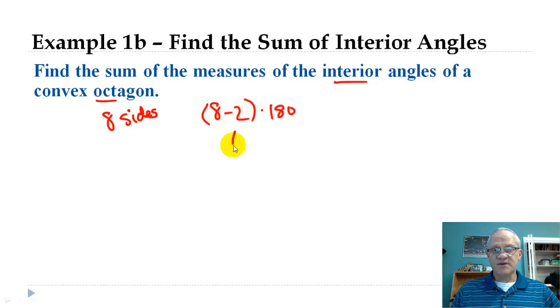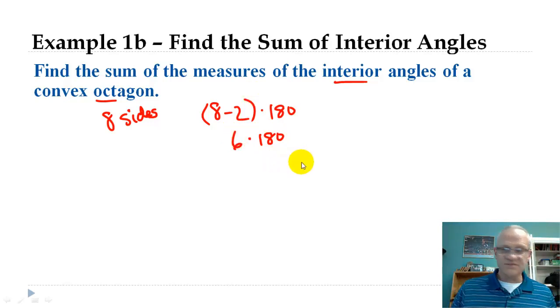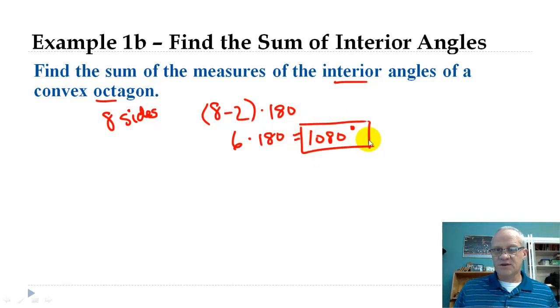All right, 8 minus 2 is 6. And 6 times 180 is 1080. So 1080 degrees for an octagon. Okay, so you're kind of getting the idea there. All we're doing is that same formula: however many sides, subtract 2, and then times 180.